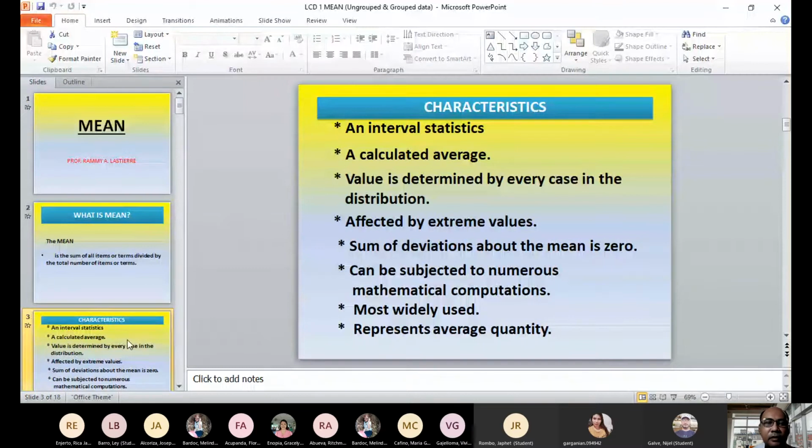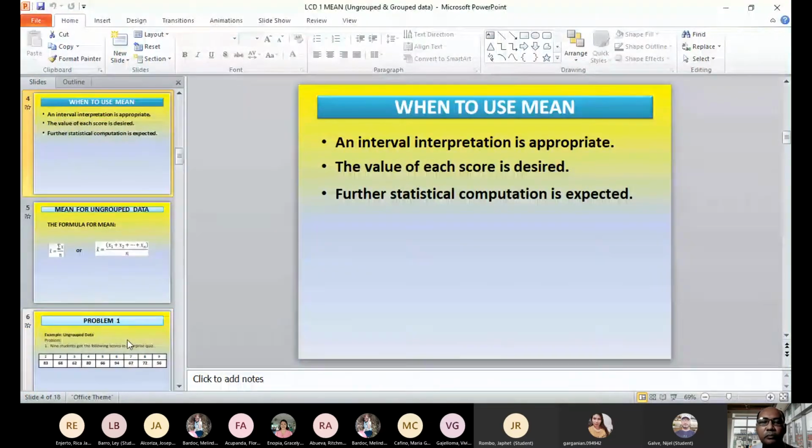Then, when to use the mean: first, when an interval interpretation is appropriate; the value of each score is desired; and further statistical computation is expected.